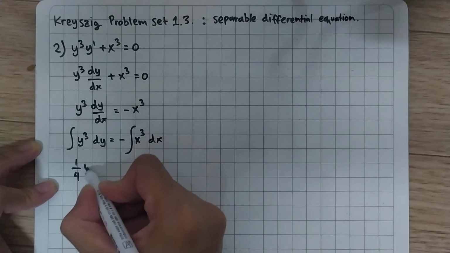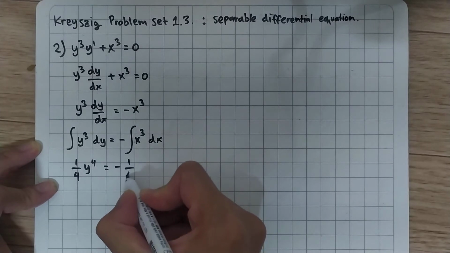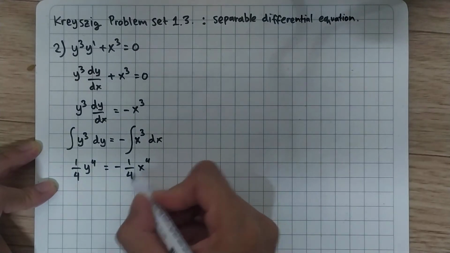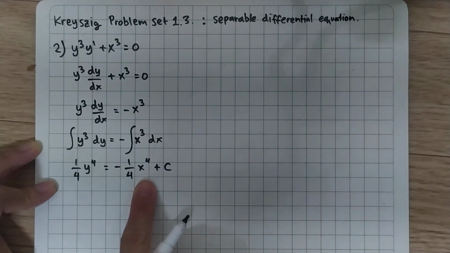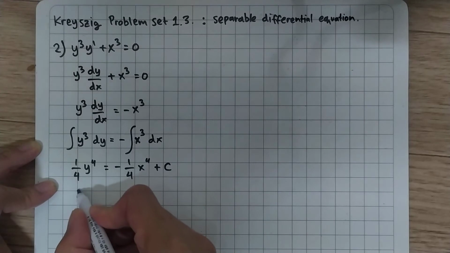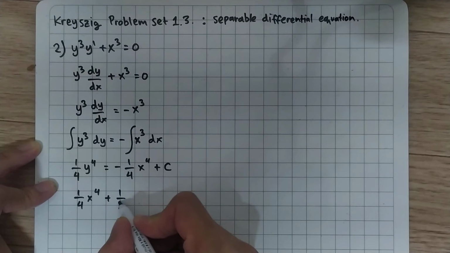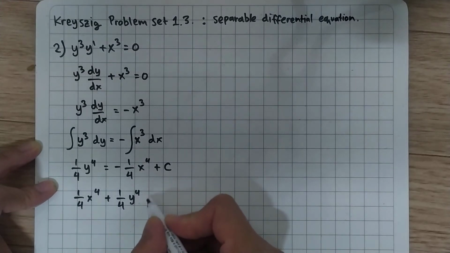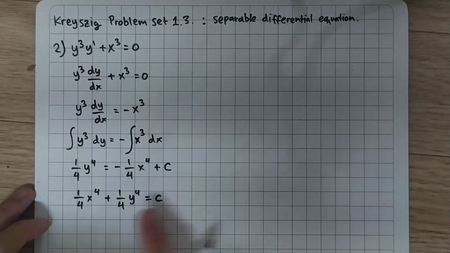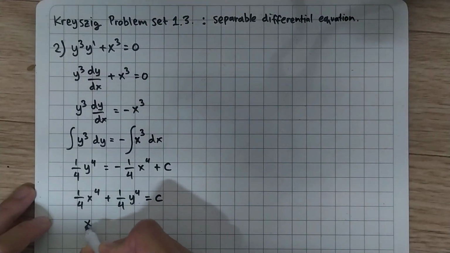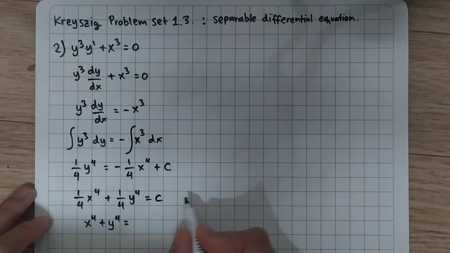So this is 1/4 y to the fourth power is equal to minus 1/4 x to the fourth power, and do not forget the integration constant. And we can move this x to the left hand side, so we'll have 1/4 x to the fourth power plus 1/4 y to the fourth power is equal to some constant, and we can multiply both sides by 4, so we will have x to the fourth power plus y to the fourth power is equal to 4 times constant.